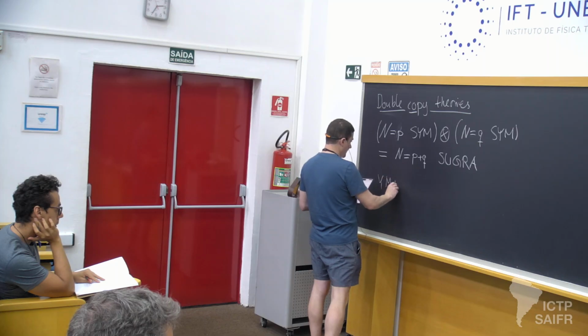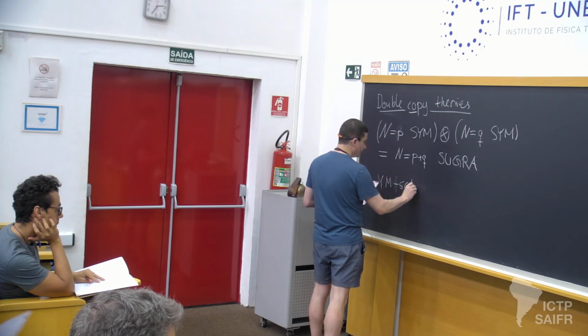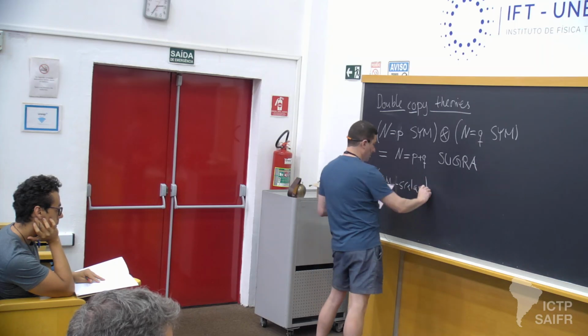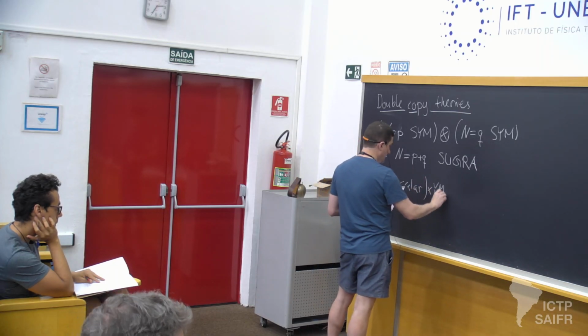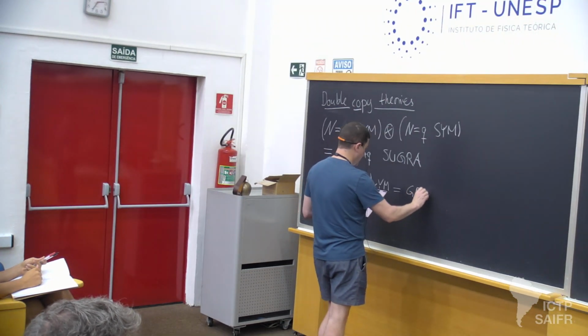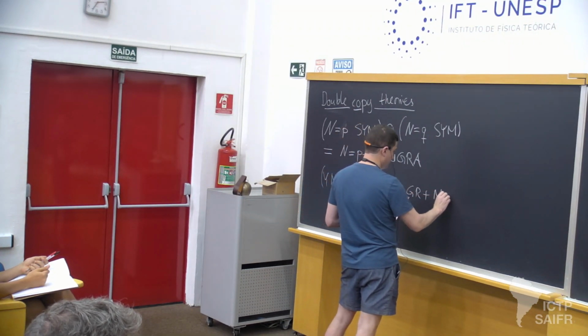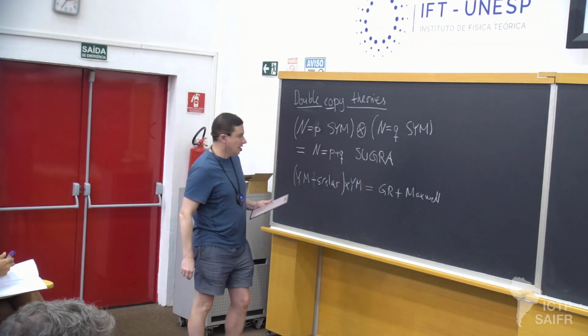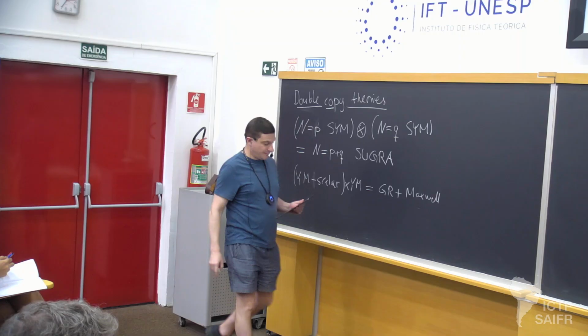Otherwise, I guess we already talked about that, but let me remind you. If you take this Yang-Mills scalar, and you double copy that with Yang-Mills, what you get is essentially GR plus Maxwell. Especially if you have a single scalar, then you get a single Maxwell field and so on.